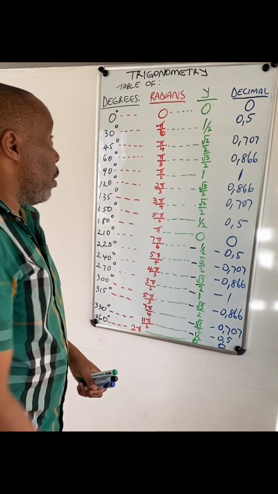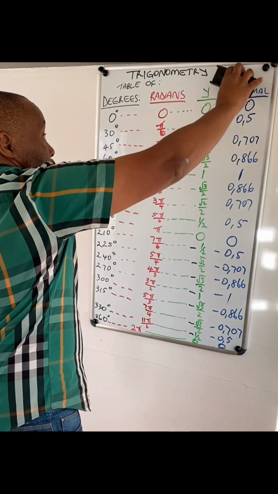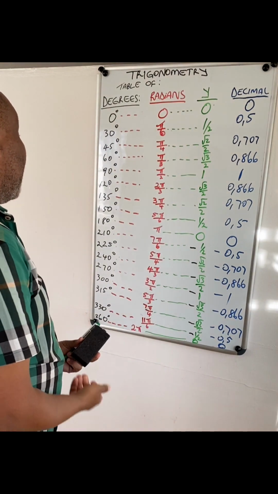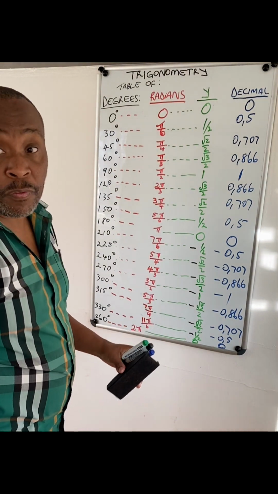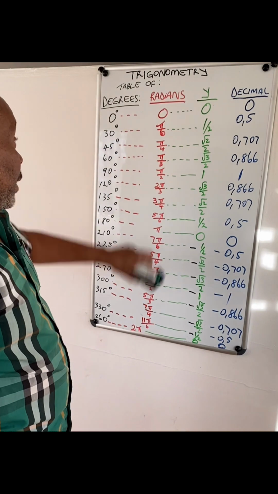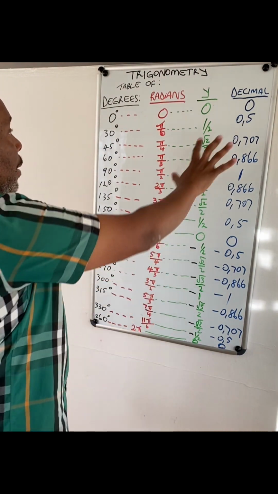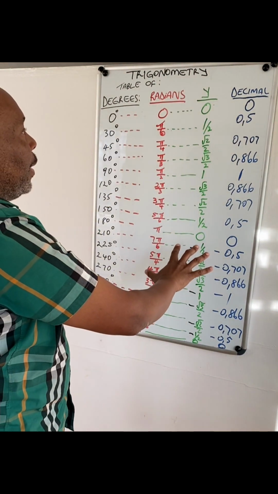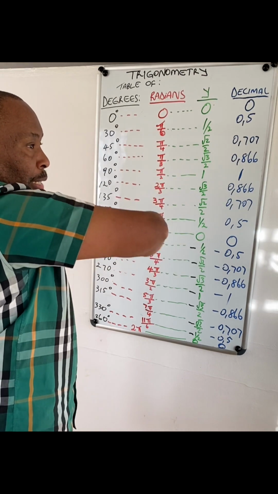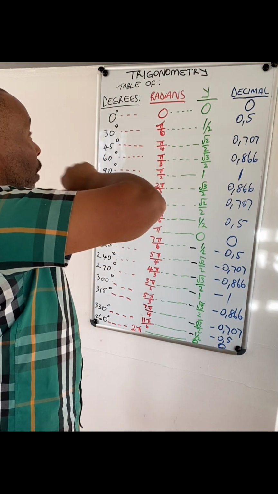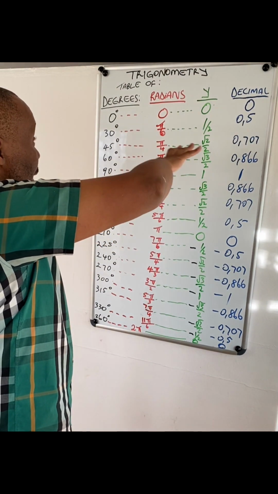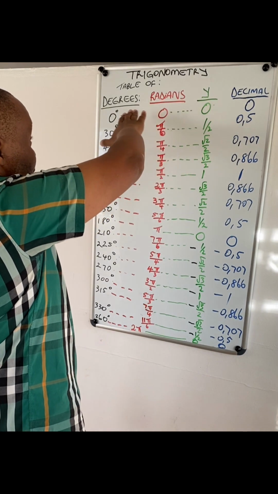Let me take this away just so that you have a clear picture, that I'm not hiding anything from you. This is what we had in the unit circle. Check the previous video where we explained radians, degrees, and y.